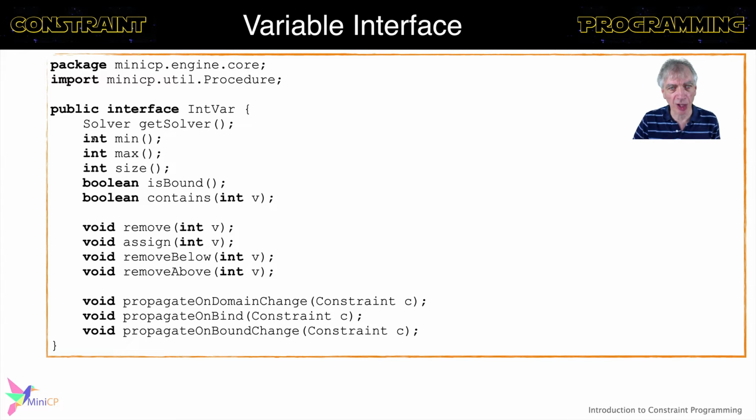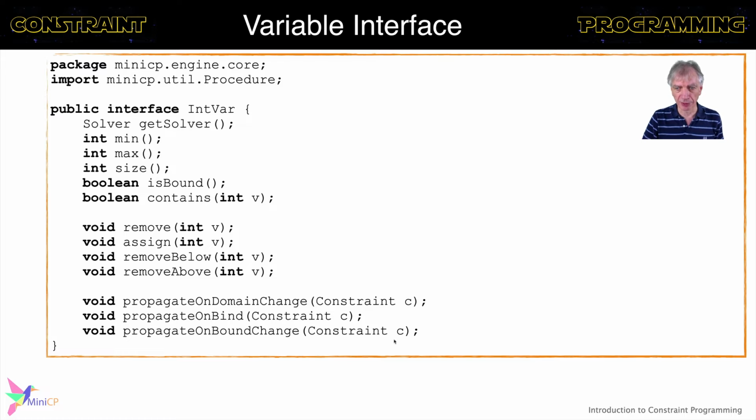So what you see at the top are the accessors. Then you see the domain updates, and this is the link between the variables and the constraints. This is used to say, hey, variable, you appear in these constraints, and these constraints must be propagated when the domain is changing. Hey, variable, you appear in constraint C, and you need to propagate this constraint when you become bound.